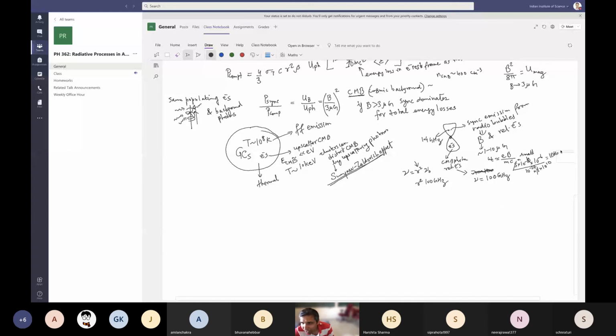So the synchrotron frequency will be gamma squared times 10 hertz, not gigahertz, 10 hertz. Whereas the Compton one is gamma squared times 100 gigahertz. And if the field is 1 to 10 microgauss, the ratio of P sync and P comp is comparable; 3 microgauss is when they are equal.